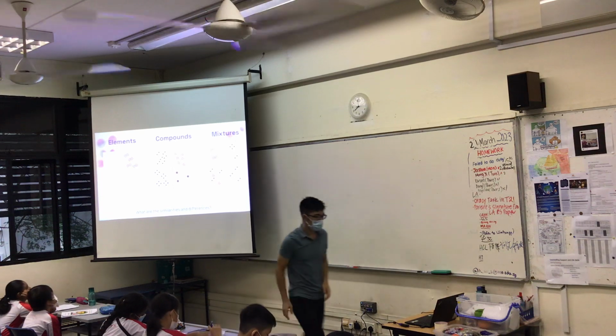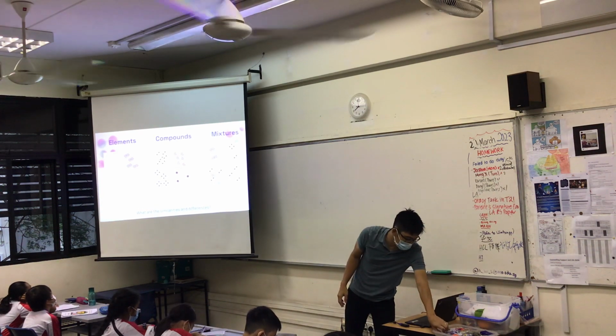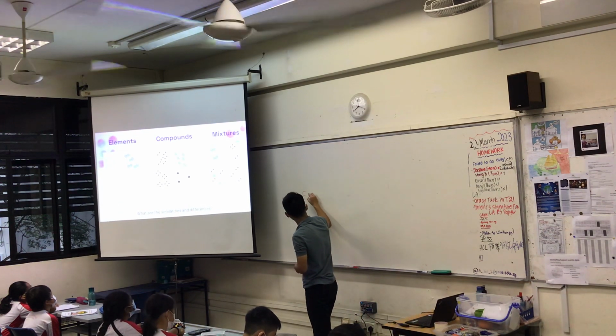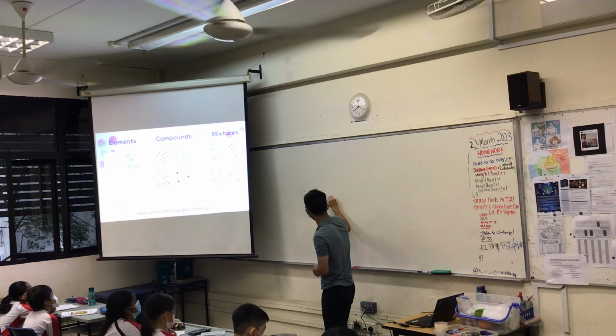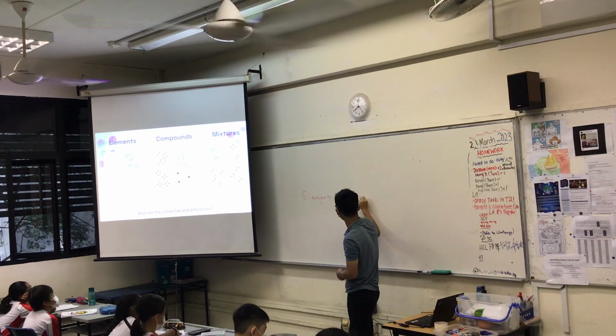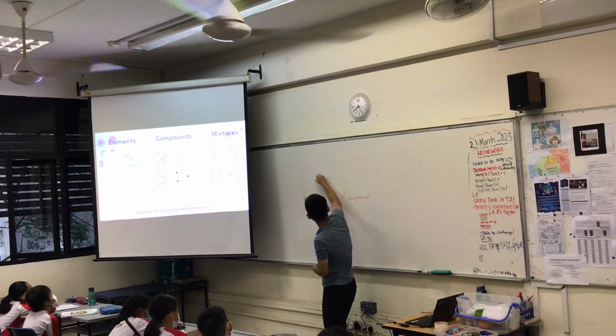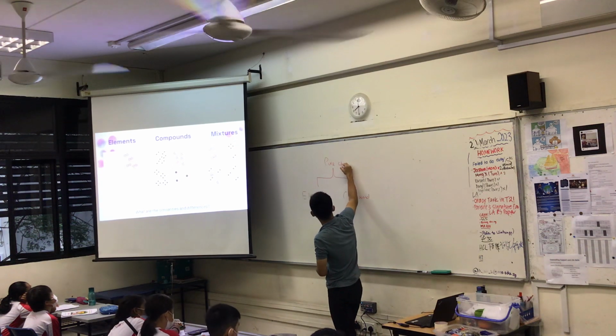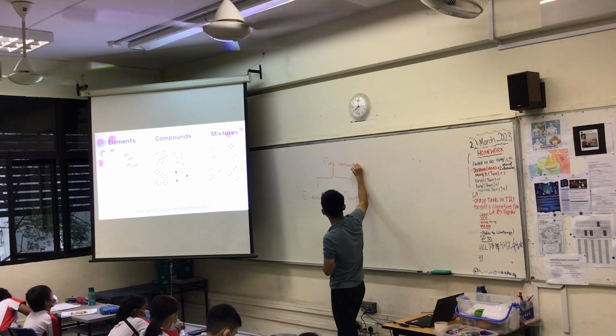Last but not least, I think one thing very important for all of you to observe is that when you look at elements and compounds, they are both pure substances. What do I mean by pure?